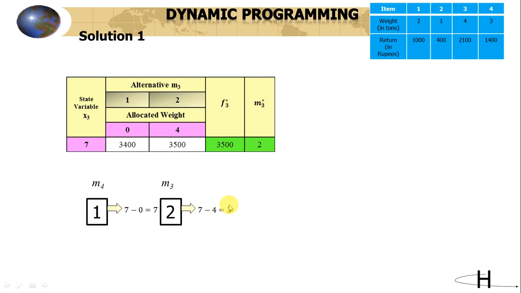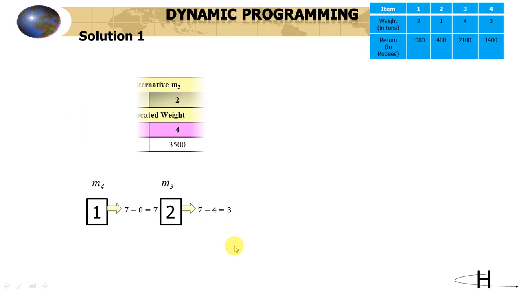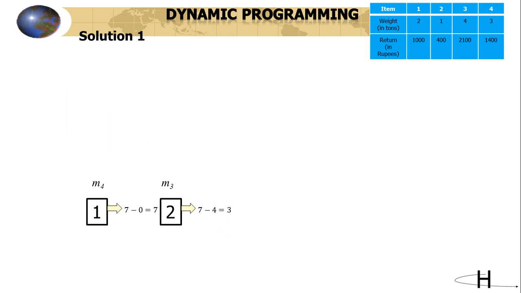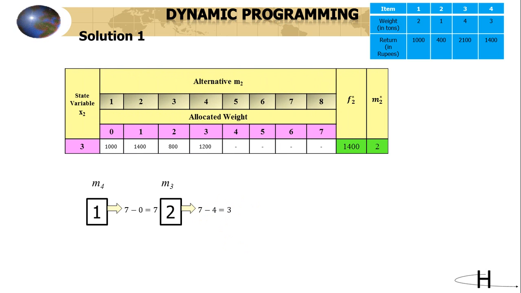Now let's come towards stage 2. Now in stage 2, I have 3 ton weight. For this 3 ton weight, the best value of the recursive function is 1400 with respect to alternative 2.